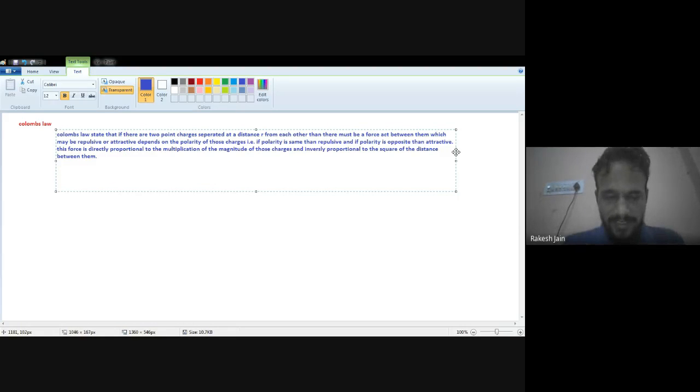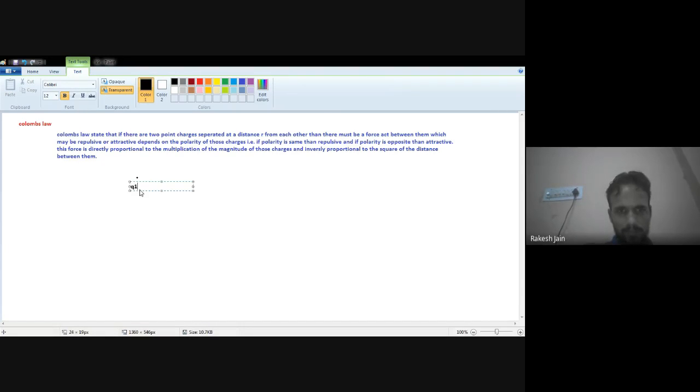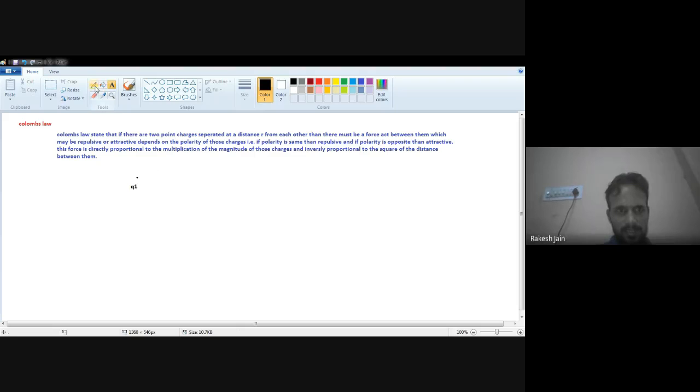Actually, Coulomb stated that if there are 2 point charges, I just mention them, just to see this. Let's suppose this is a point charge which is known as Q1, and this is the second charge, which is known as Q2.